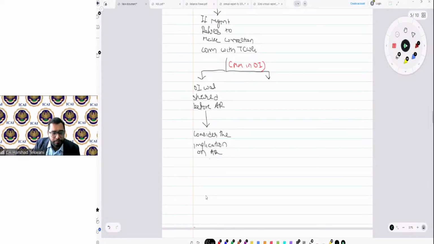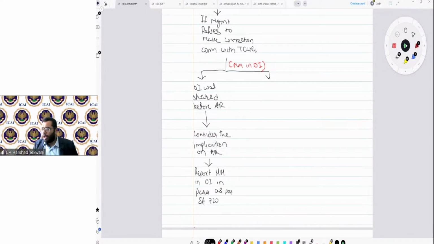So I report the material misstatement in other information in a paragraph as per SA 720, that there is an uncorrected material misstatement of other information, and I need to describe that in my audit report.